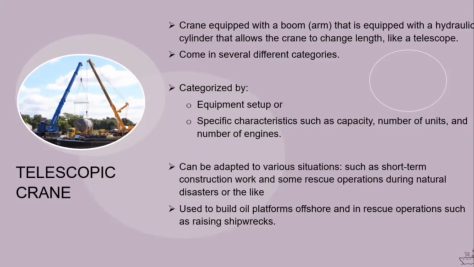In addition, these cranes are categorized by equipment setup or specific characteristics such as capacity, number of units, and number of engines. Due to the unique nature of the boom on this crane, it can be adapted to various situations such as short-term construction work and some rescue operations during natural disasters.